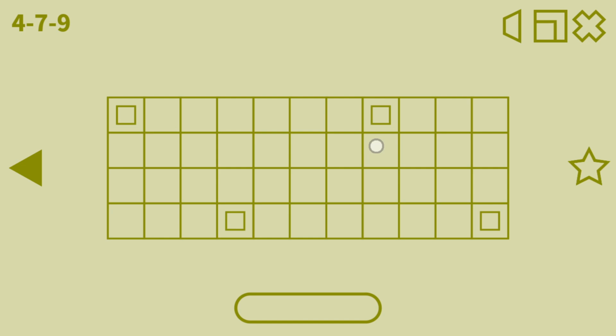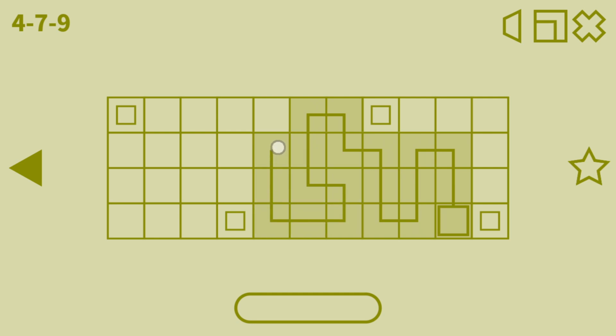You can't touch the square. So I'm looking at something like this. But that obviously is not gonna work.